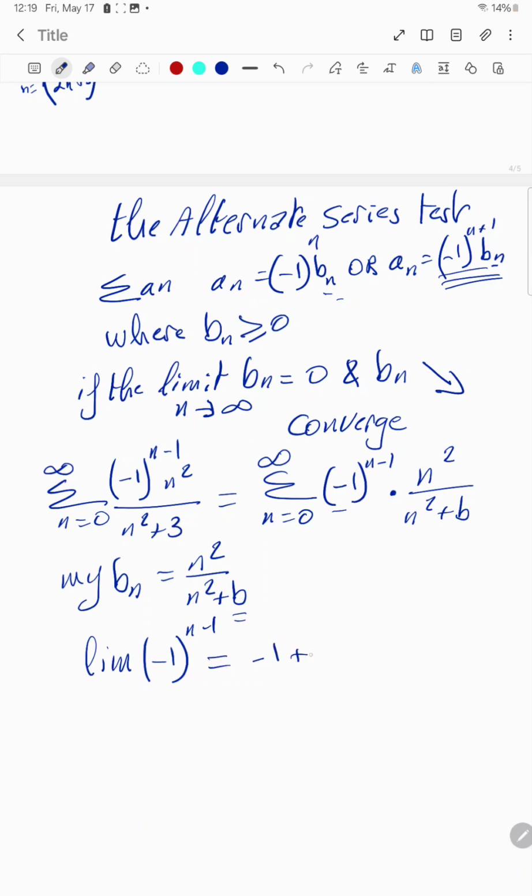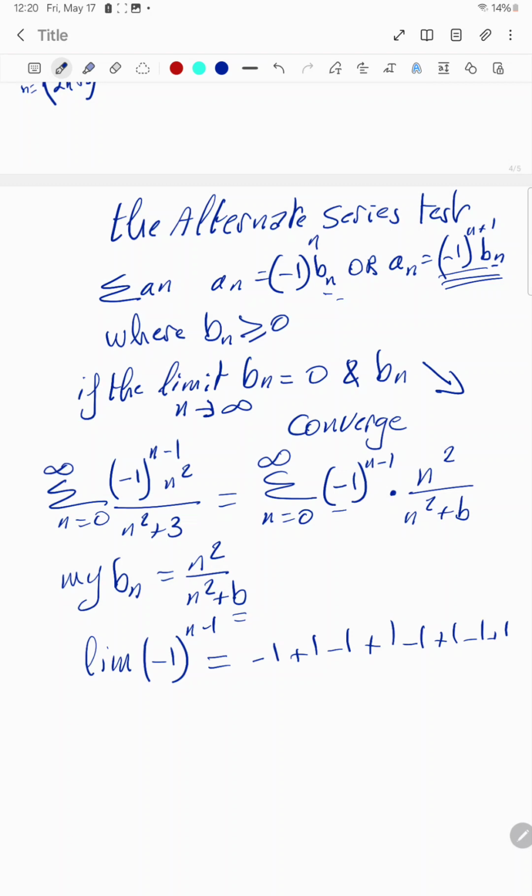And the (-1) to the power of n minus 1 is going to alternate between -1 and +1, depending on whether n is an odd number, then n minus 1 is even and it becomes positive, and if n is an even number, n minus 1 is odd and it becomes negative. So we know that for a limit to exist, it needs to go to a single number, and we do not know what infinity is, so we keep going -1, plus 1 forever.